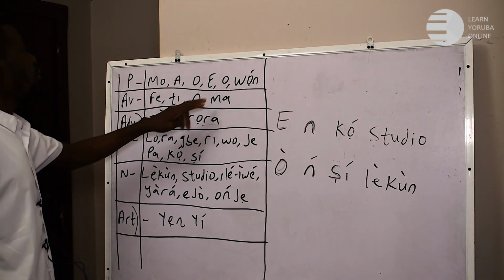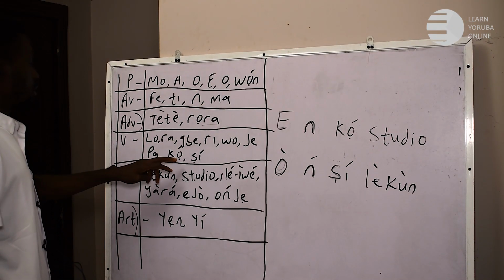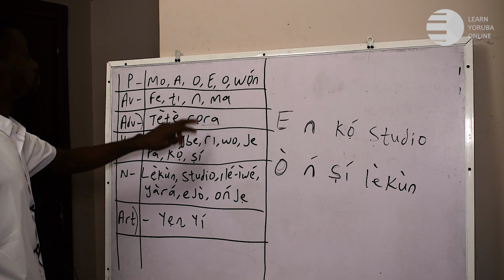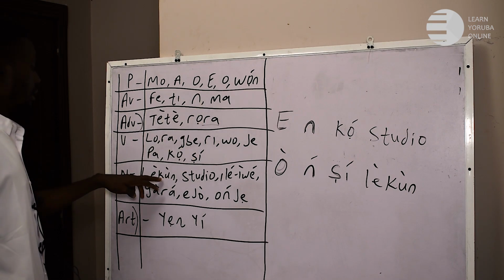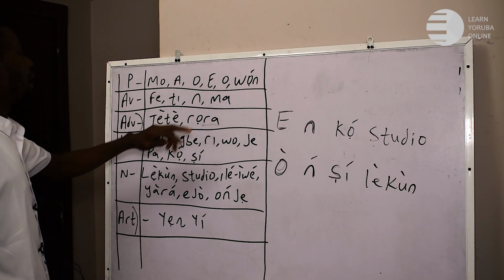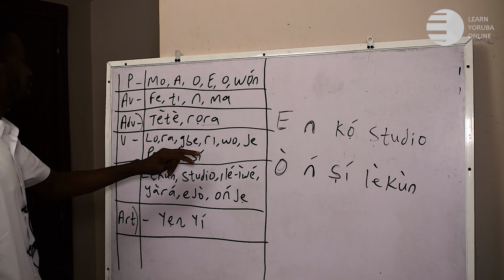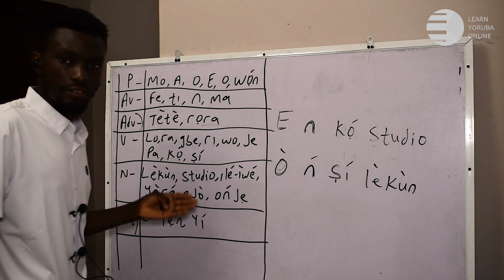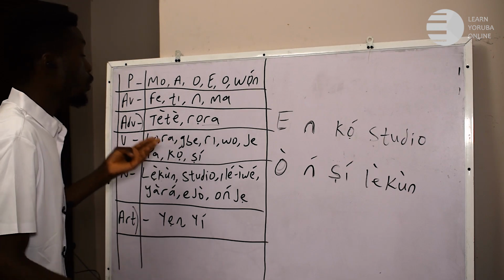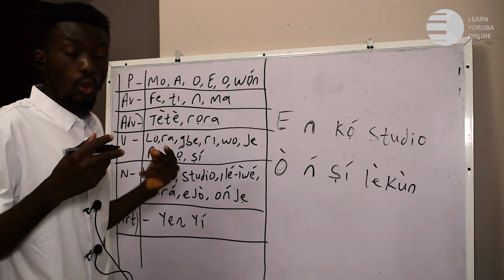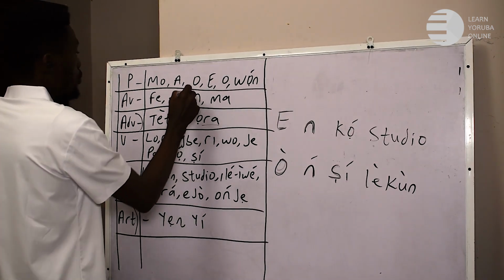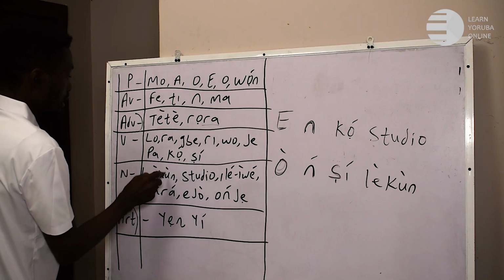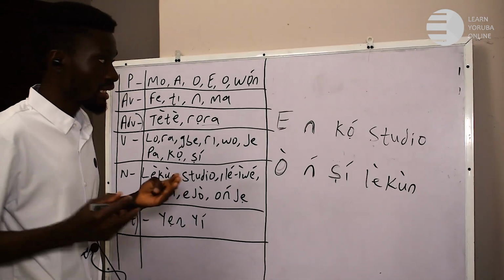So you can also say òun rọra ṣílẹ̀kùn. That is, you are carefully opening the door, or you are carefully opening a door.